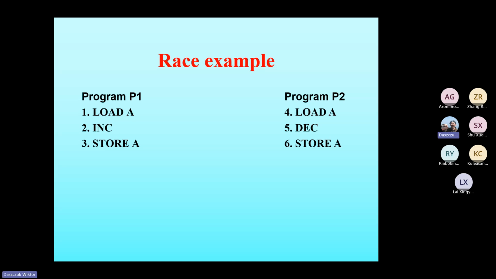The program P1 loads the value of A to its accumulator. I assume only a single register accumulator. It increments the accumulator, and stores the result back to the variable A. Program P2 acts similarly, but it decreases instead of increasing.